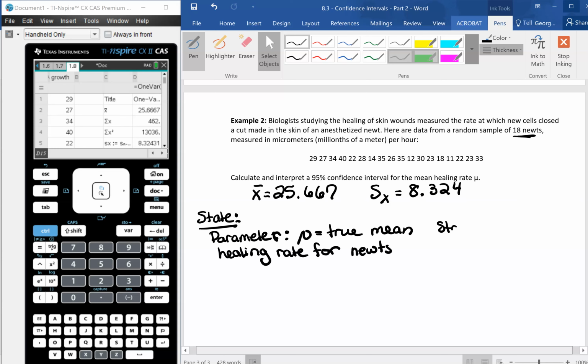Then for statistic, we found that our X bar is 25.667, and our confidence level is 95%.